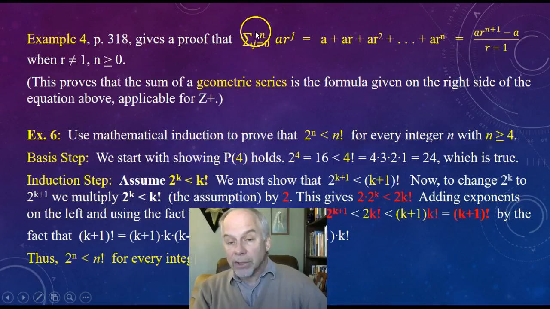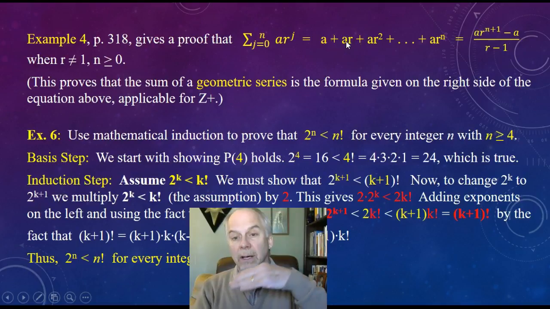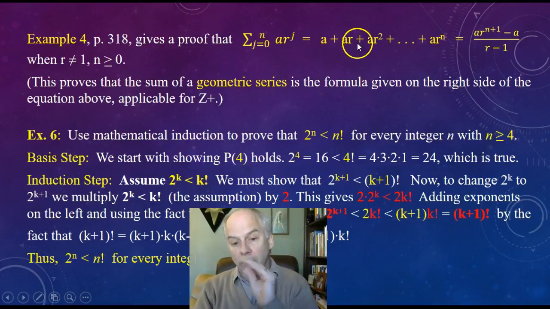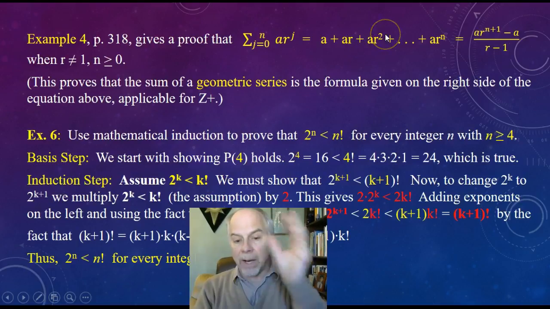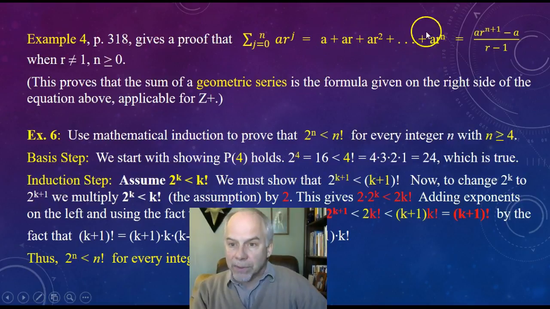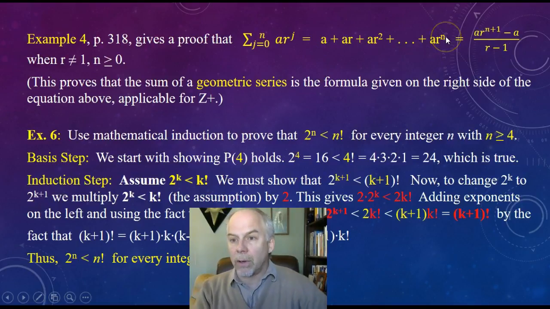So it's the summation from j equals 0 to n of ar to the j power. Now, of course, as j increases, the exponent on r is increasing. In other words, we're multiplying by r to get the next higher term. So this is a geometric sequence, if you recall.